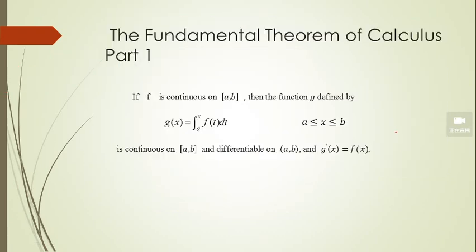Now let's check what the fundamental theorem of calculus is. We are trying to understand this function g. If the function f is continuous on the closed interval [a, b], then the function g defined in this way, of course with x between a and b, as I said, because the function f is defined on the closed interval [a, b]. x is just shifting between a and b, think about the graph at the very beginning.